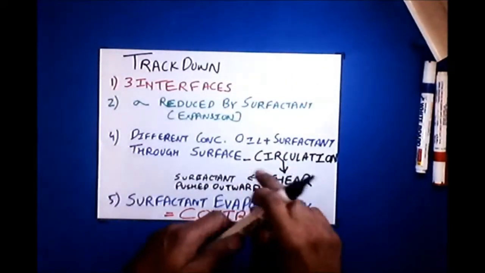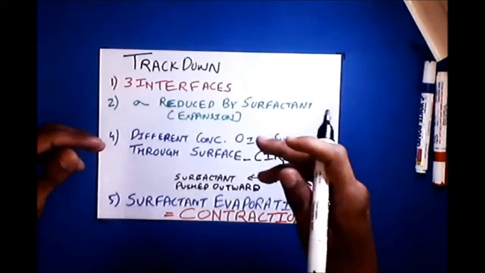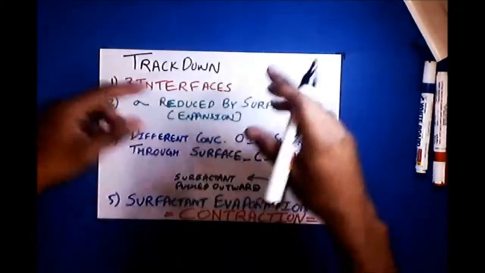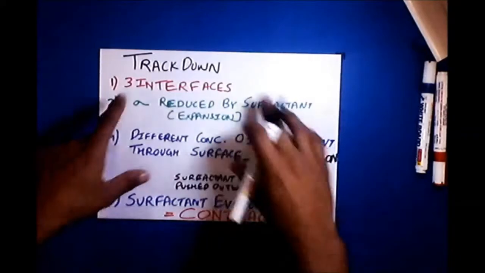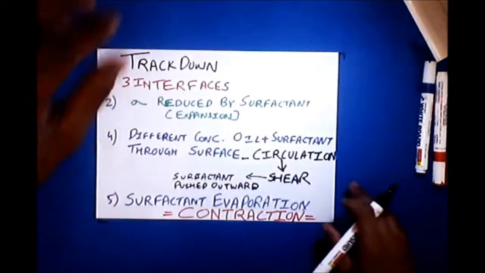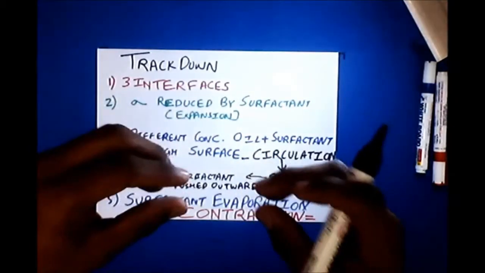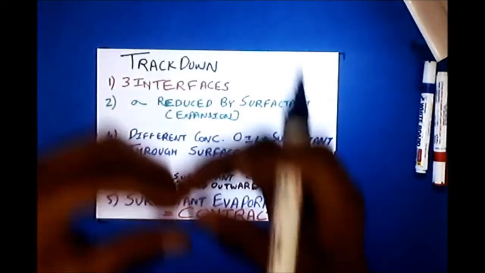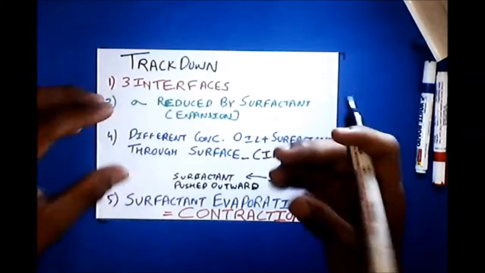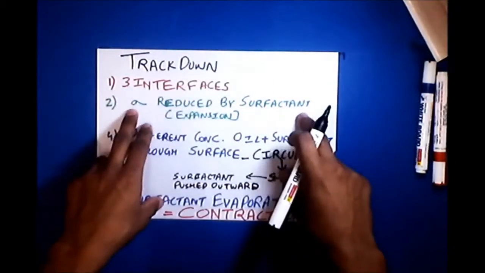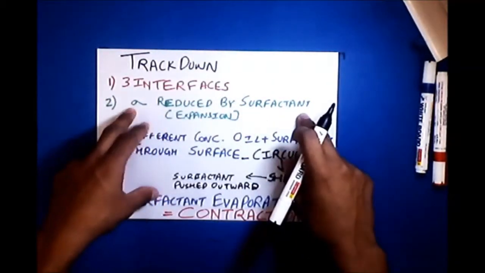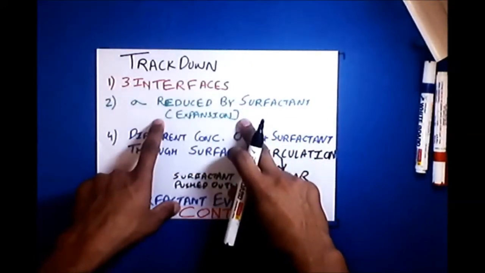These three interfaces react simultaneously, or through a rhythmic process, to cause this entire phenomenon. The surfactant molecules within the oil drop tend to go towards the water surface. The hydrophilic portion tries to get towards the water surface, thereby reducing the surface tension at the surface. This causes the expansion.